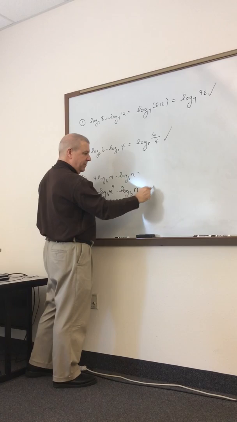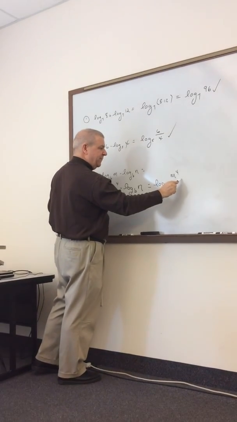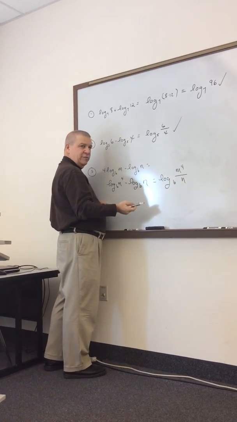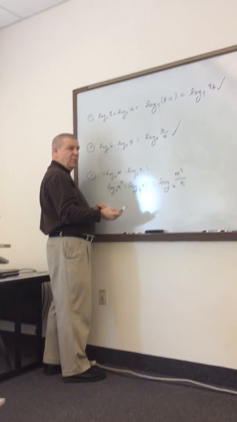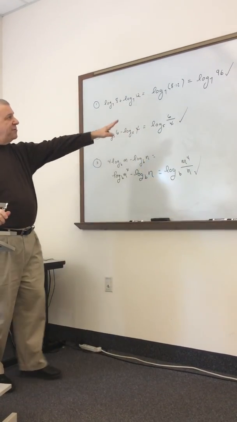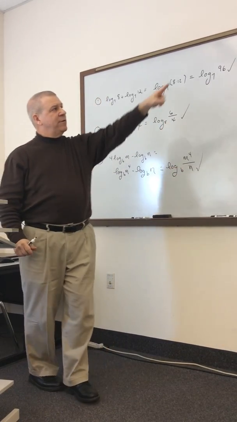Ethan? M to the 4th over n to the base b. The log of m to the 4th over n to the base b. Can you reduce m to the 4th over n? No. If you could, you would. That's done. Look at the checked answers. 1 logarithm, 1 logarithm, 1 logarithm.